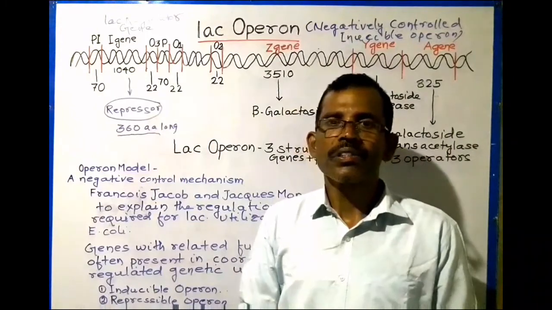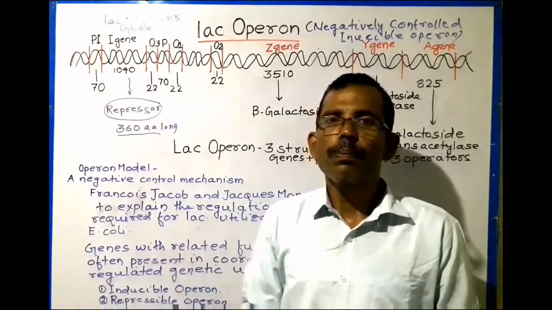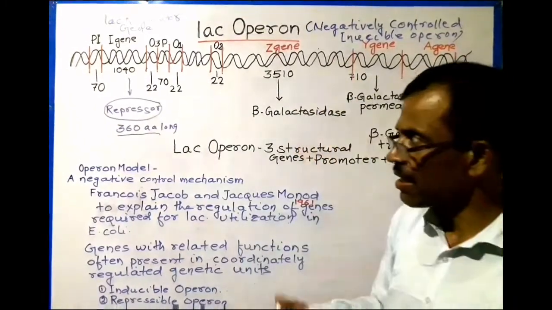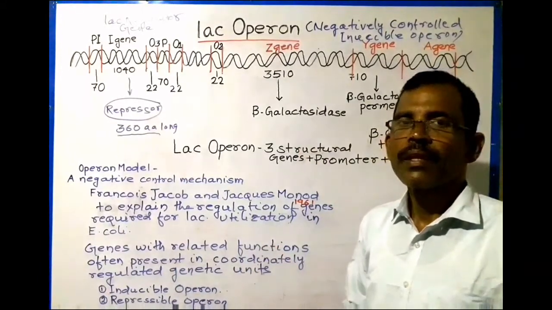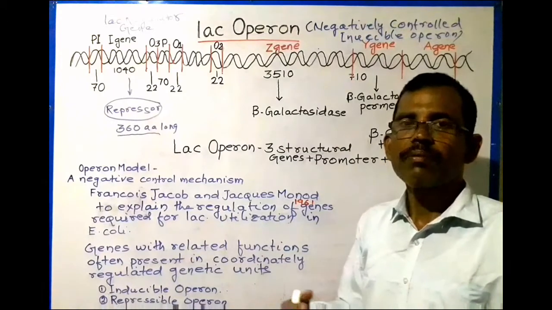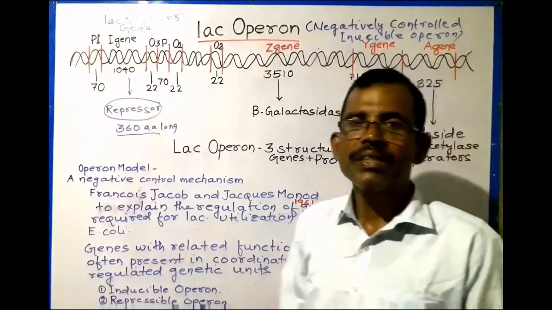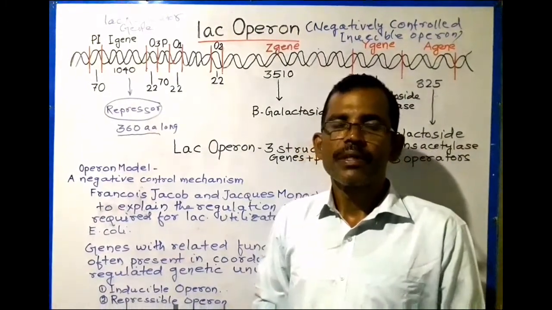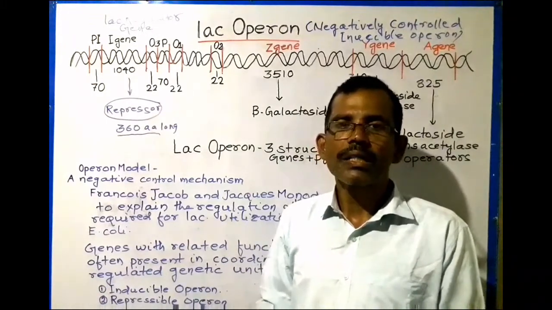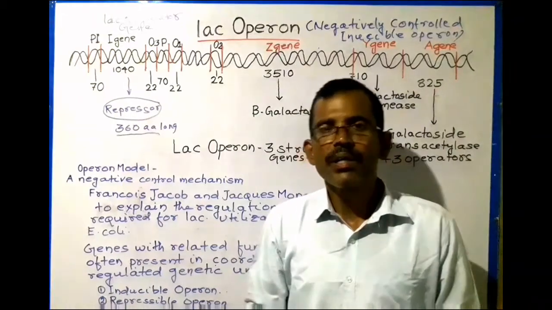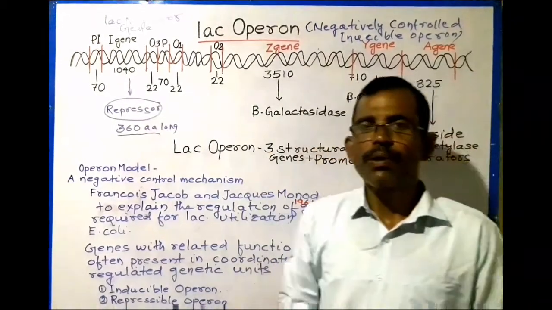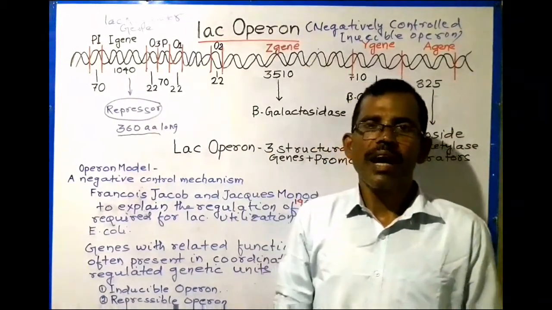In uninduced state, a few copies of the three different enzymes are also synthesized. This gives a low level of background enzyme activity. This low level of background enzyme activity is necessary for induction because for the LAC operon, inducer is the allolactose.